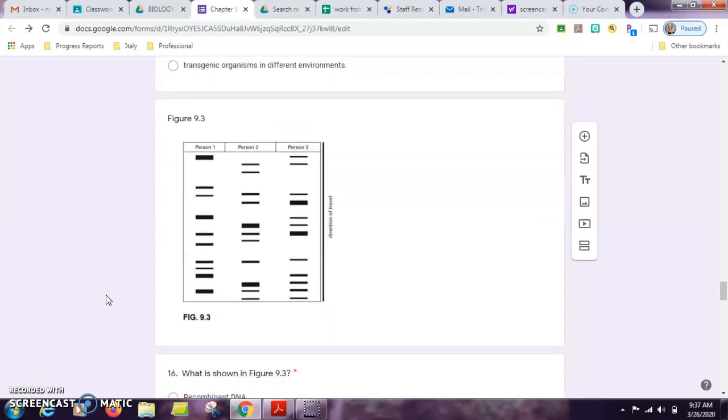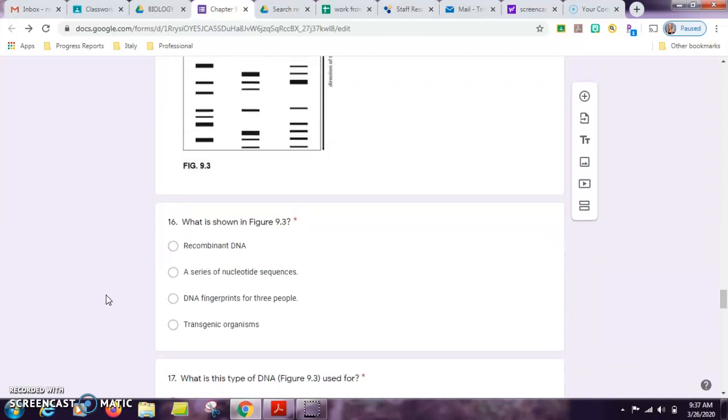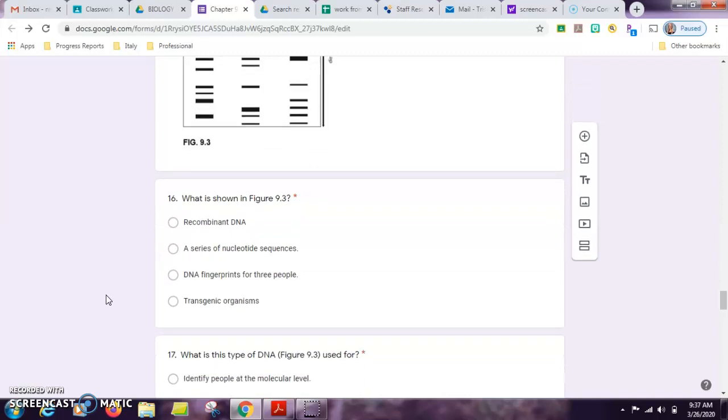Make sure you take a really good look at that because you're going to be using it for the next question. Number 16 says, what is shown in figure 9.3? Recombinant DNA, a series of nucleotide sequences, DNA fingerprints for 3 people, or transgenic organisms.